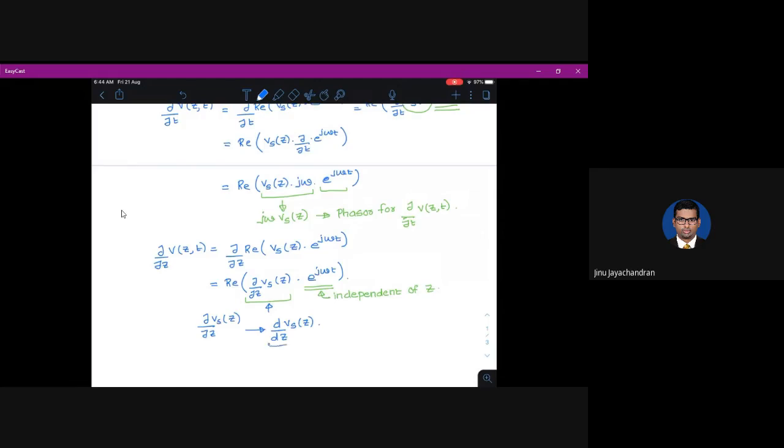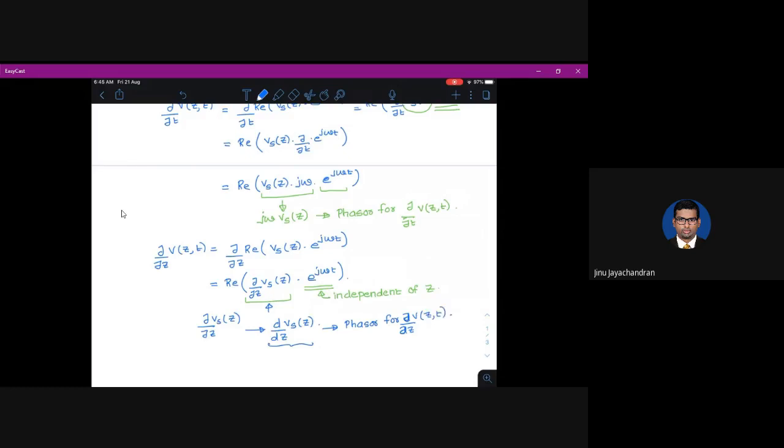And so this will become the phasor for ∂/∂Z of V of Z comma t.